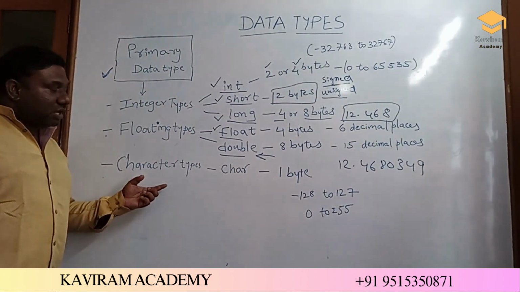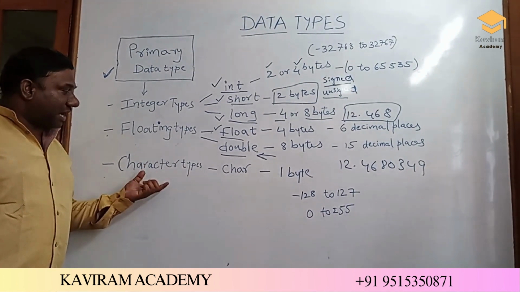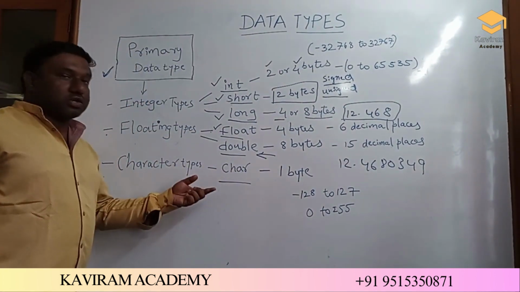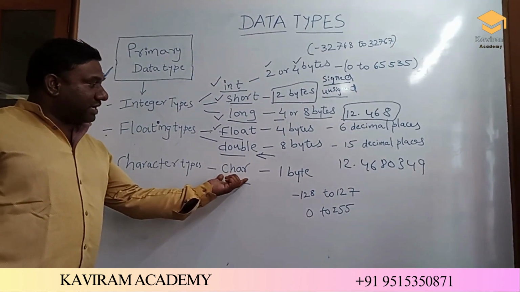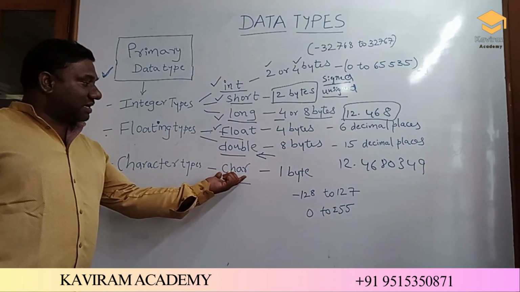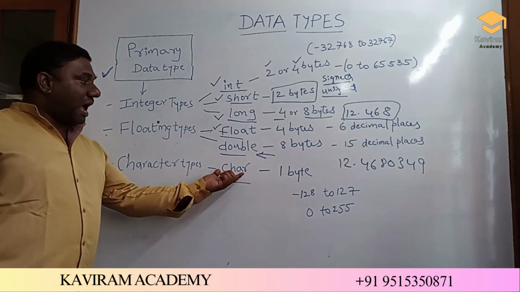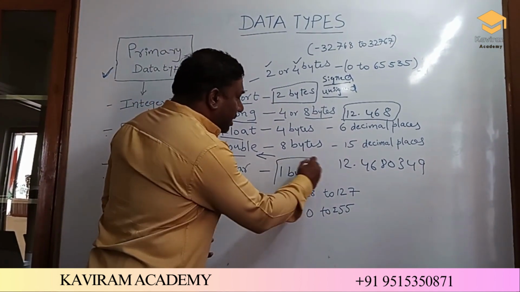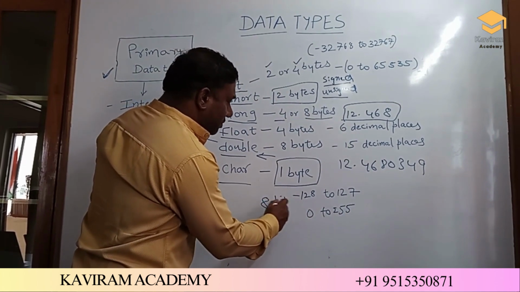The next one is character types. Whenever your data is in the form of a character, we use character types. Here we have only one, that is char. This is also a keyword and it should be in lowercase. Whenever your compiler sees char, it understands that the data is in the form of a character, and the size is 1 byte, that represents 8 bits.